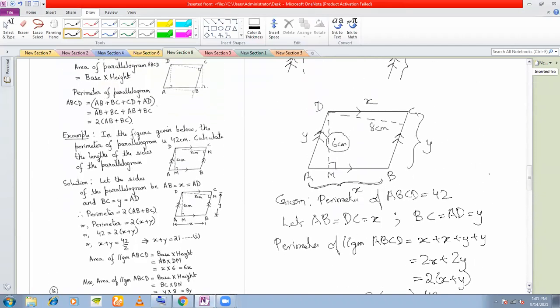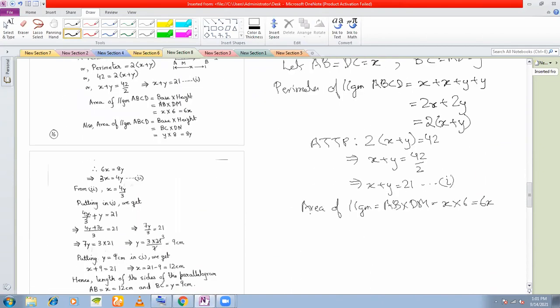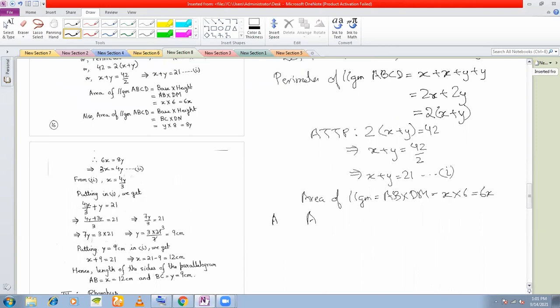Now, what if I take this as the base? Then which one becomes the height? This becomes the height. This is given to you as DN. Okay. So area is BC into DN.